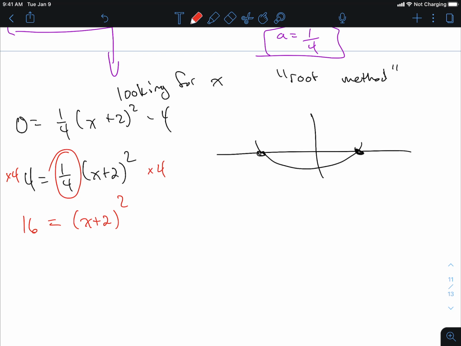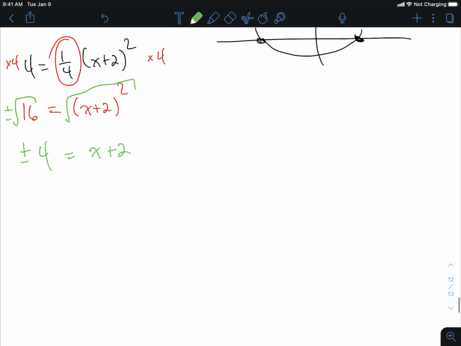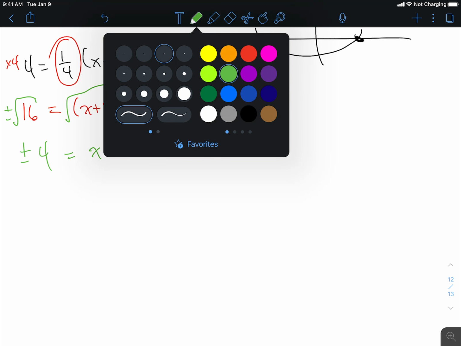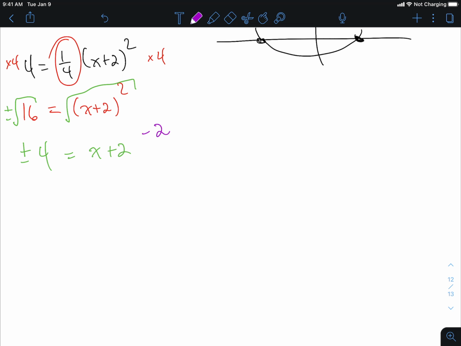Now I'm able to what? Square root both sides. What happens when I square root things? I have to write plus minus. So I get plus minus 4 is equal to x plus 2. Then I just subtract 2 from both sides. So I get negative 2 plus minus 4.